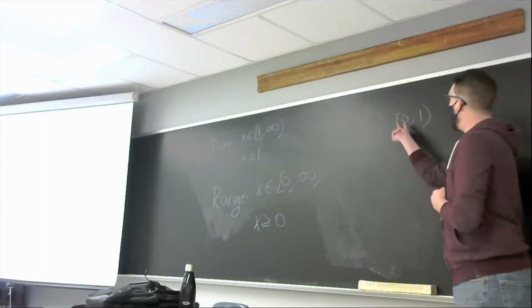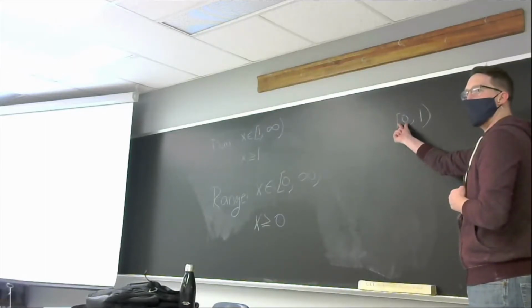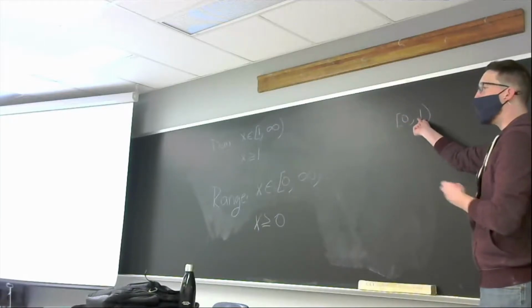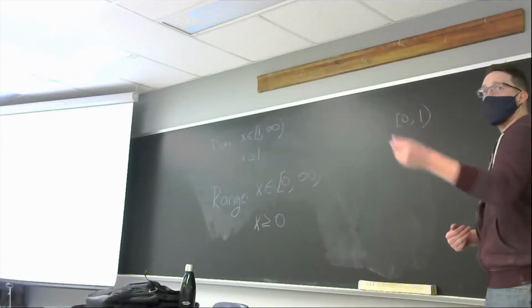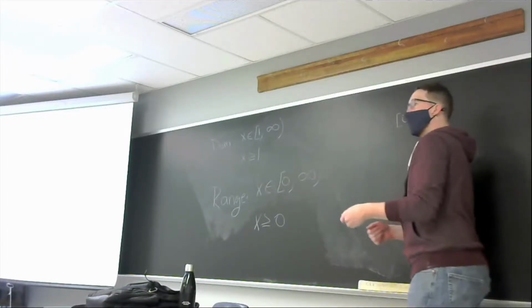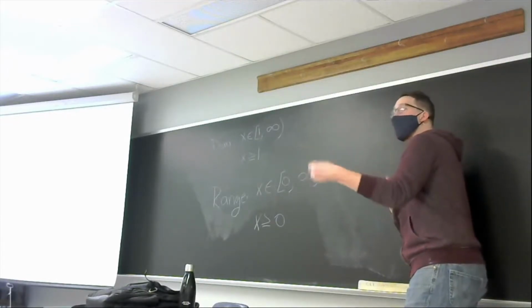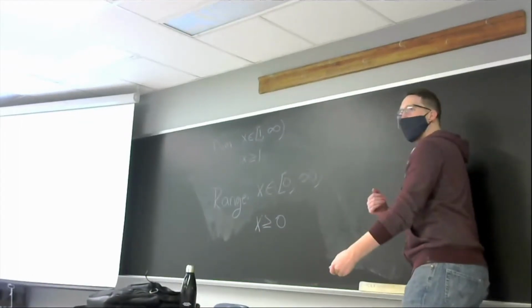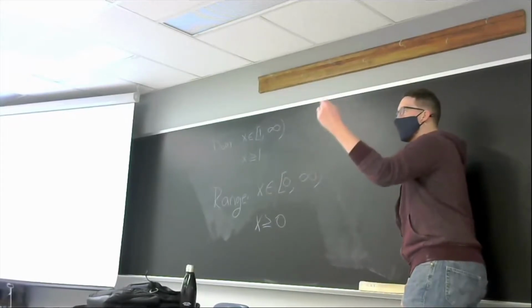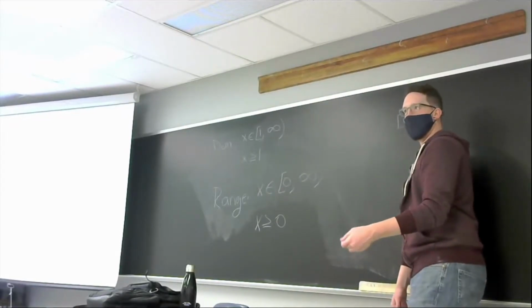In this case, we can achieve 0, but we can't achieve 1. So we could be 0.9, we could be 0.99, we could be 0.9999999, we could be Chuck Norris and count nines for infinity, but we'll never get to 1. Make sense what I mean?